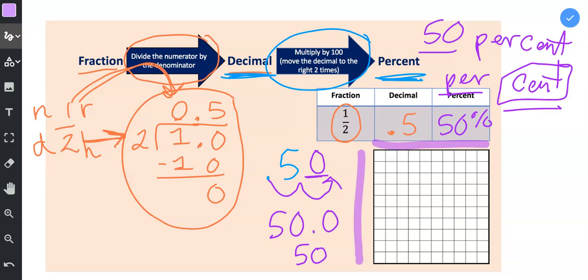So if I were to say that 50 per 100 to represent 50%, I would color in 10, 20, 30, 40, 50. I'd color in half of the grid. Because 50% means 50 per every 100.